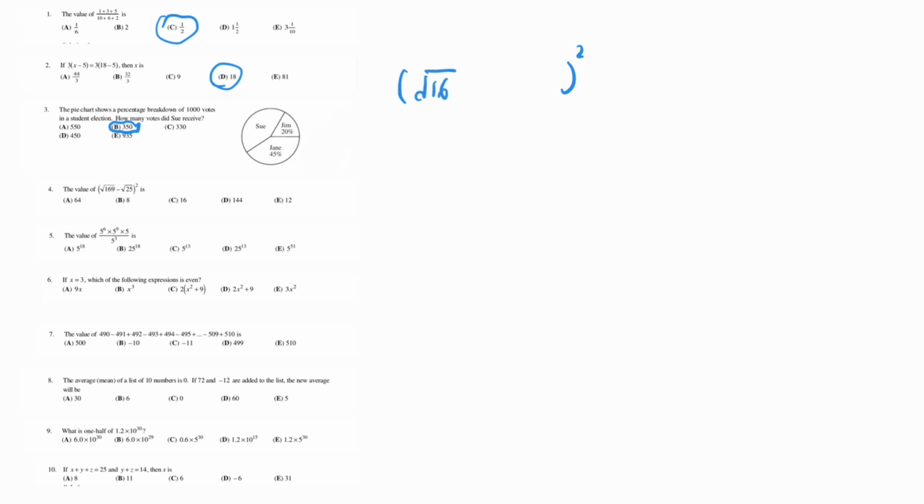The 169 is 13 squared, so the square root is 13. The square root of 25 is 5, and then square. So 13 minus 5 is 8, 8 squared is 64. The answer is A.